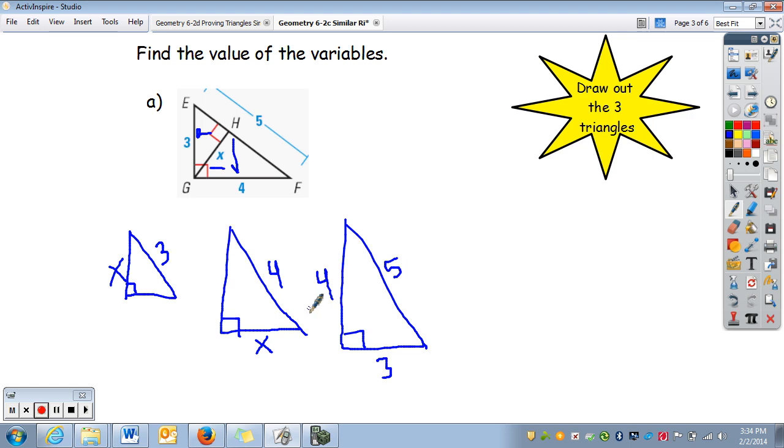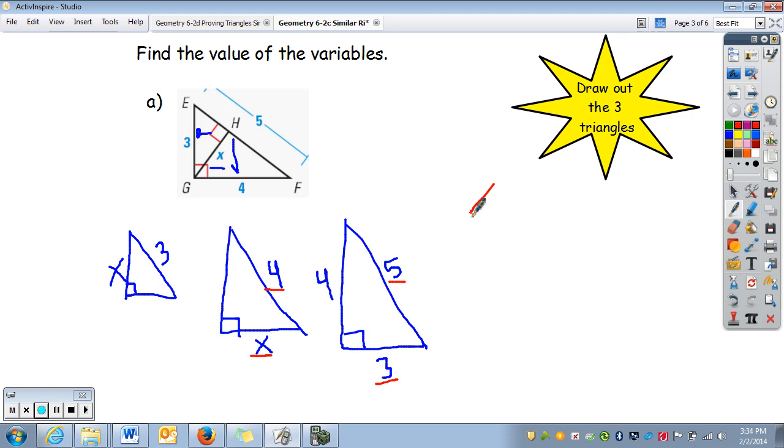So now I can set a proportion. I only need one or two pairs that correspond. So taking a look, here, if I look at this one, I have x. x goes with 3 over here. 4 is the hypotenuse, and 5. I have 3 lengths and x, so I can set up my proportion just like we did previously.